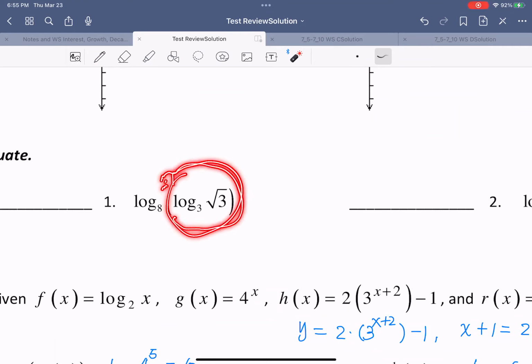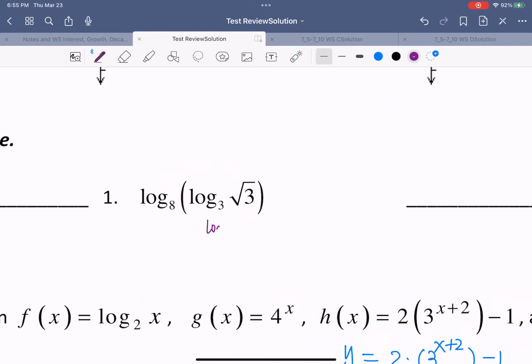This is who? You put 3 to the power 1/2, right? Yes. So this is 1/2, right? So you can say, okay, log base 8 of 1/2 equals what? One-half is 2 to the power -1, right?